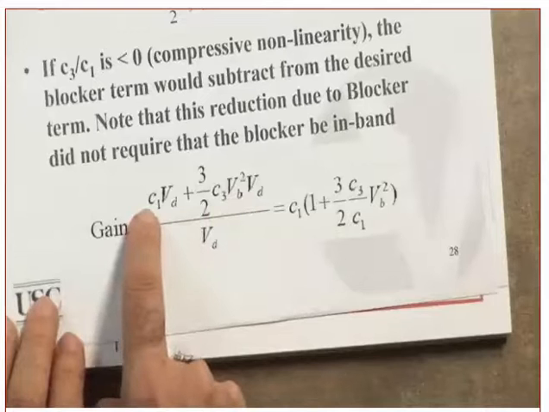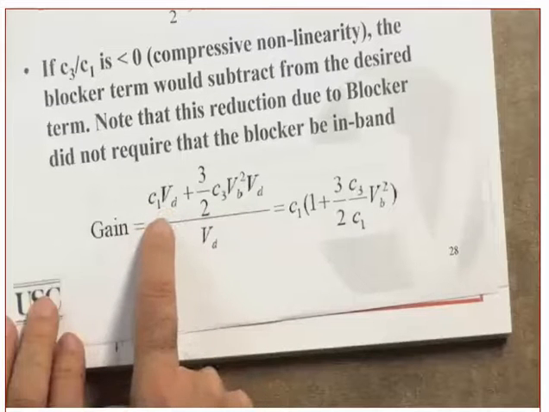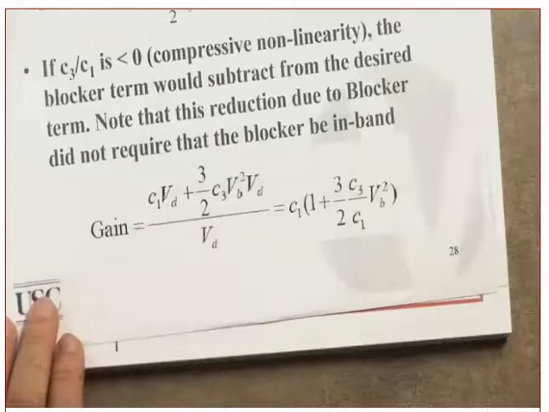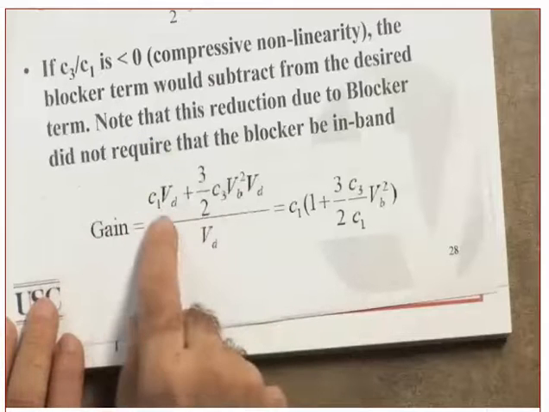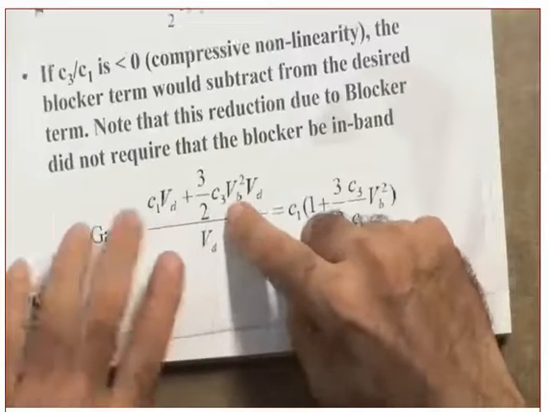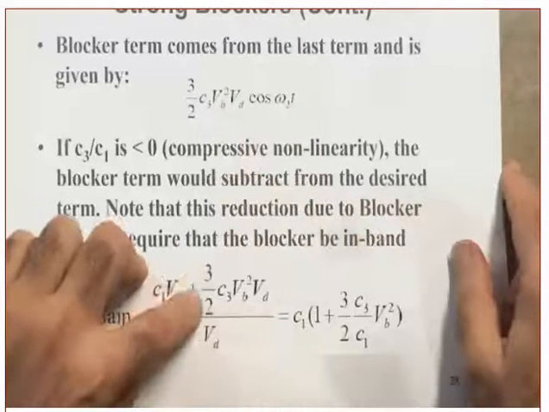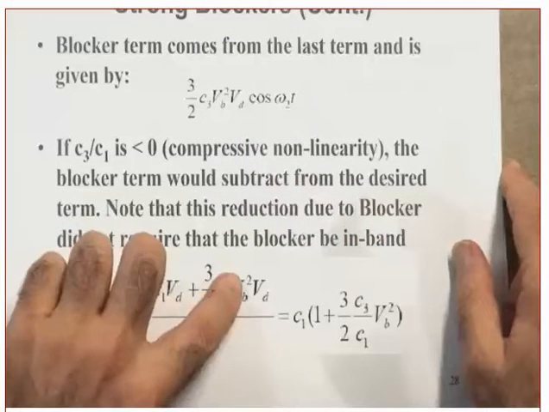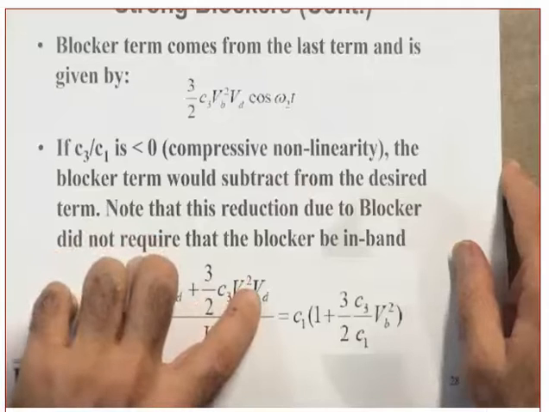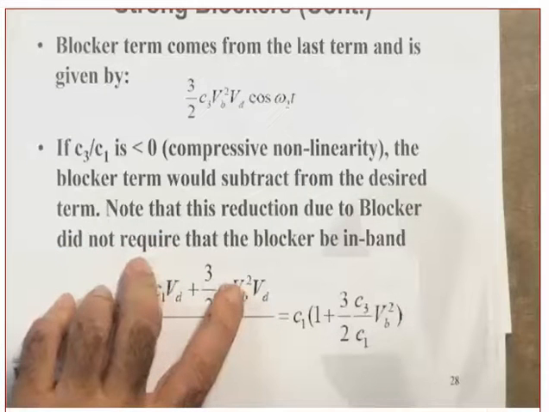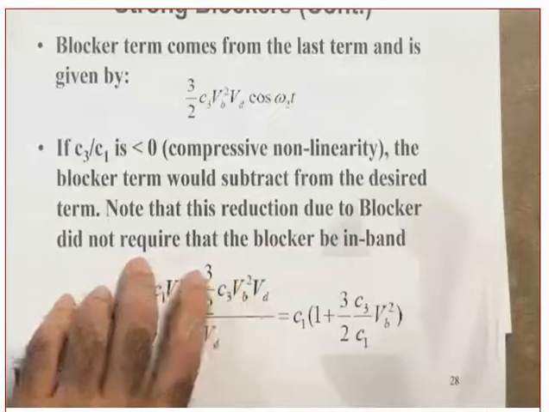C1 V_D. This one is what? Is the linear part at what frequency? At omega 2 for the desired. And what is this? This one is this term, which is what? 3/2 C3 V_B squared times what? V_D. Clear? Clear? It's this term.